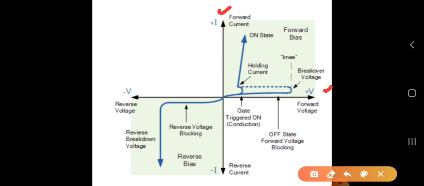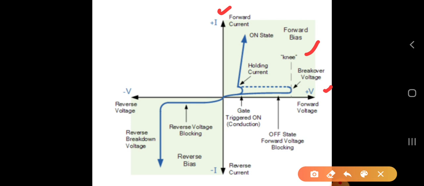The curve between V and I is called the forward characteristic curve. You are observing here, in the first quadrant, voltage and current, it is showing the curve. This is under the forward biased condition.